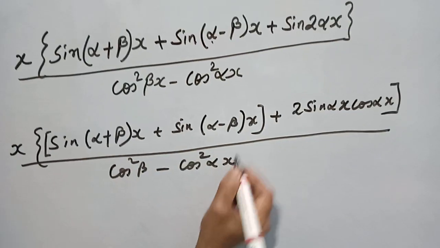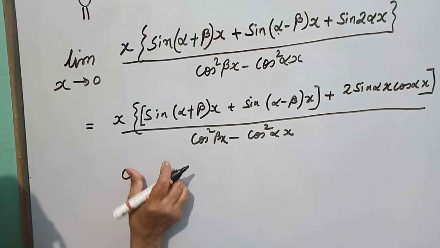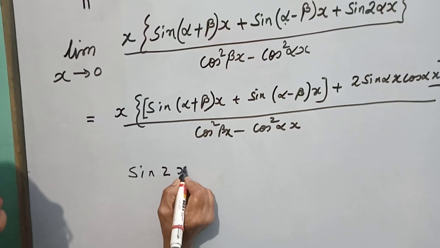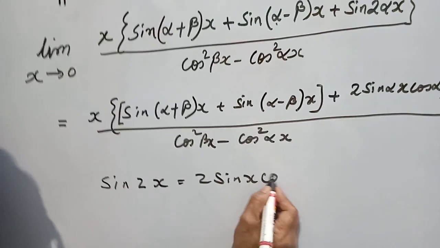Now what formula I have used here? I have used the formula sin 2x is equal to 2 sin x into cos x.